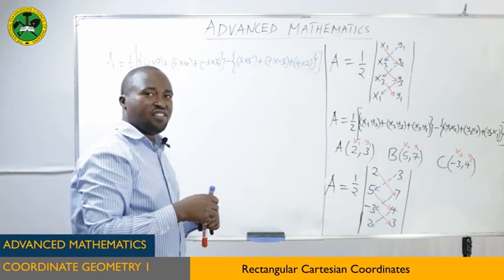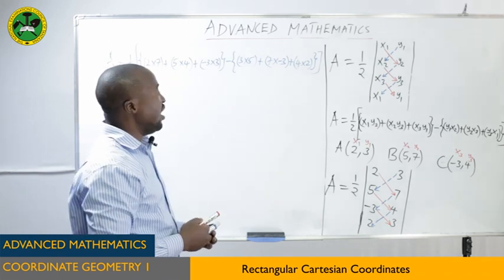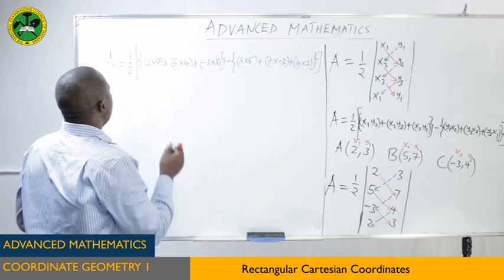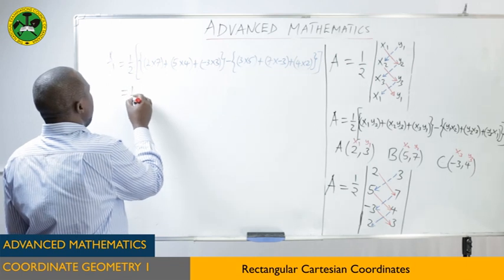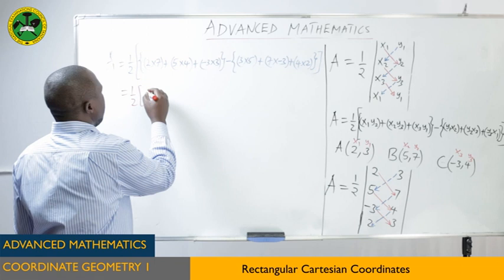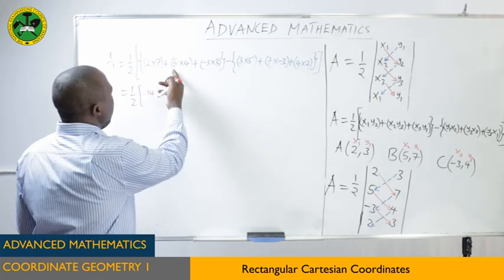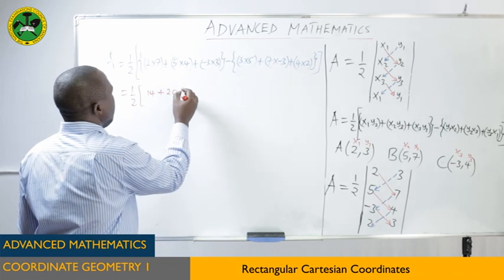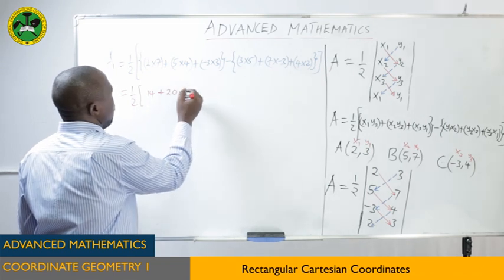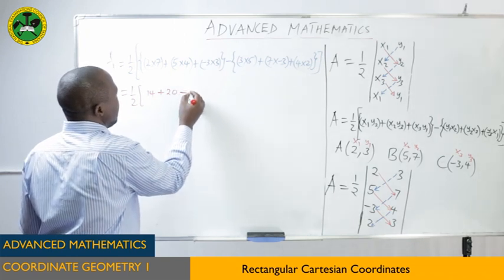So now it's just a matter of multiplication and adding to get the final answer. So area will be equal to a half, bracket of, remember here we have 2 times 7, that is 14, plus 5 times 4, that is 20. Now this one is negative 3 times 3, so it will be minus 9.